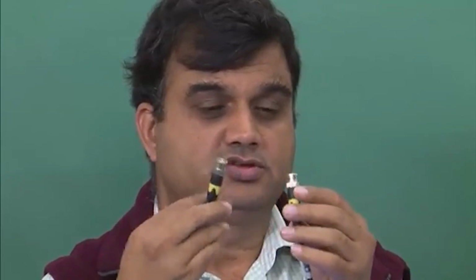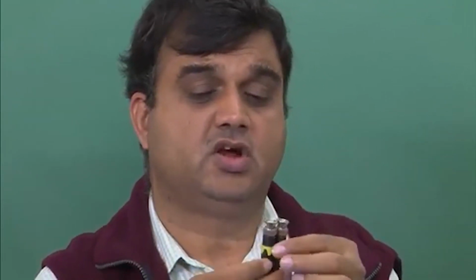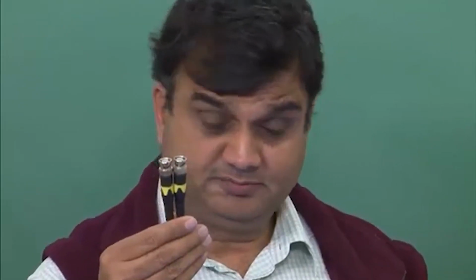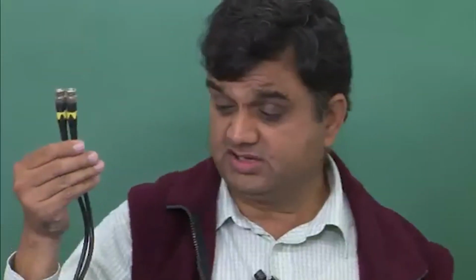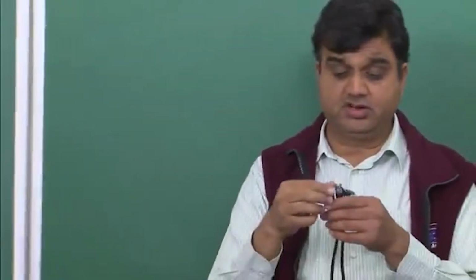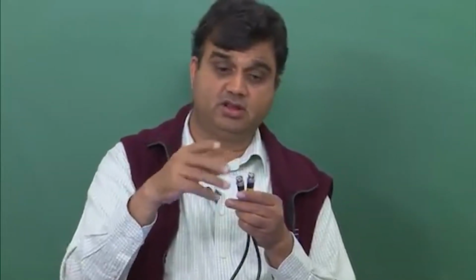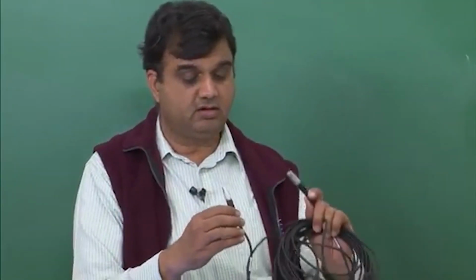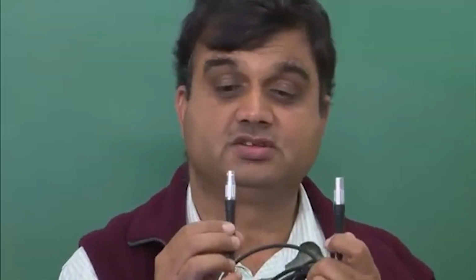Okay, so you can do a Google on it and you will see a lot about BNC cables. These are inexpensive and easily available. These are BNC cables, and you can actually get these connectors in the market, and you can make the cables yourselves. And then there's another category of cables, and it looks something like this.